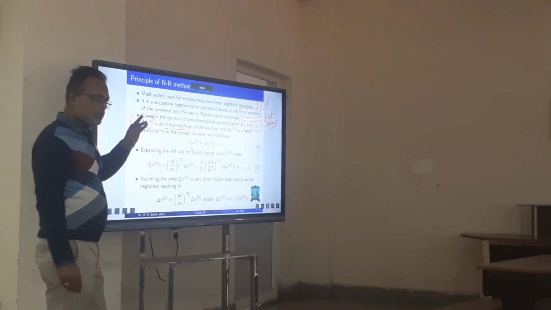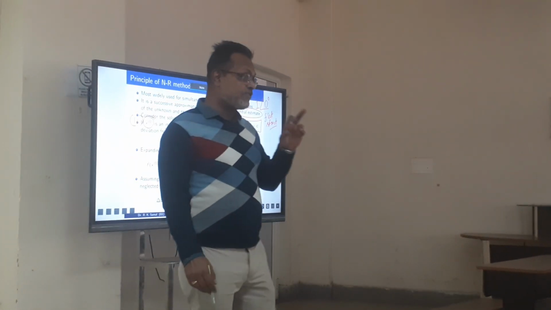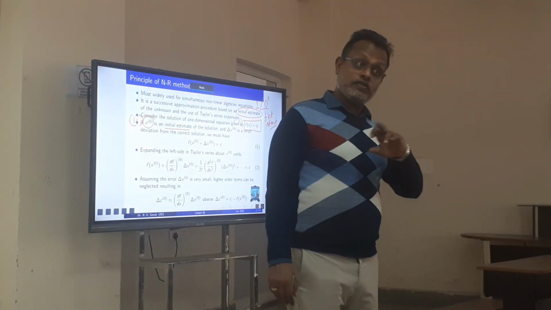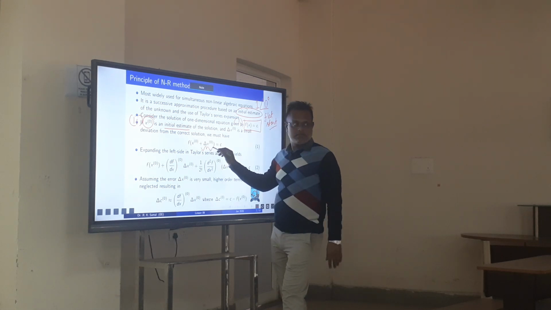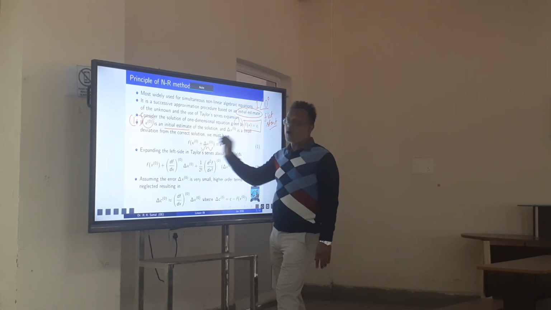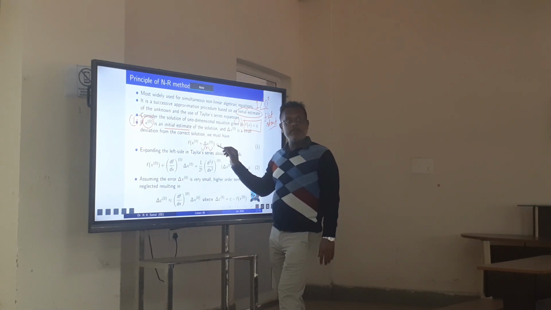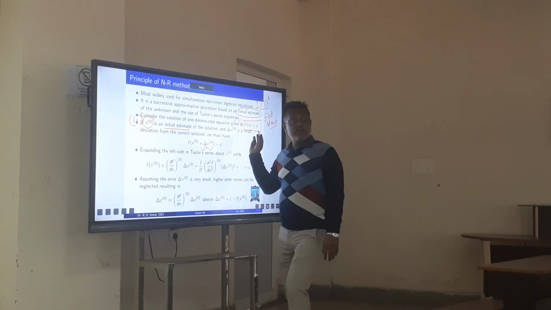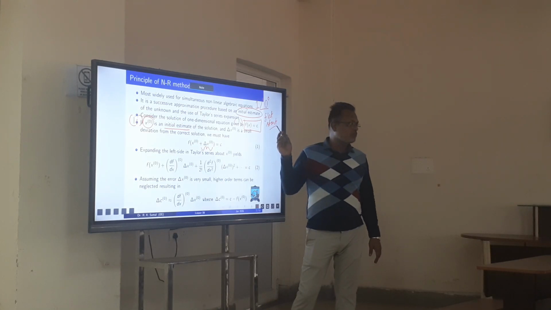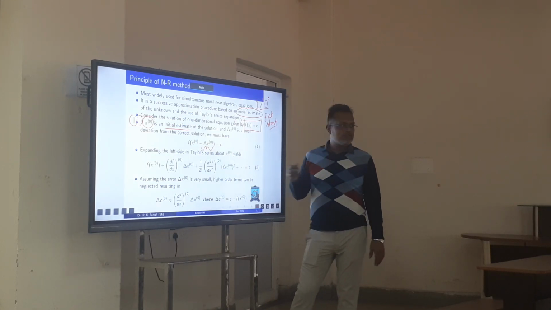Remember that x0 is the initial case, it is not a solution. So there must be some delta. For example, it is 1, but the actual result is 1.05. So there must be some delta which will make this equation solved.